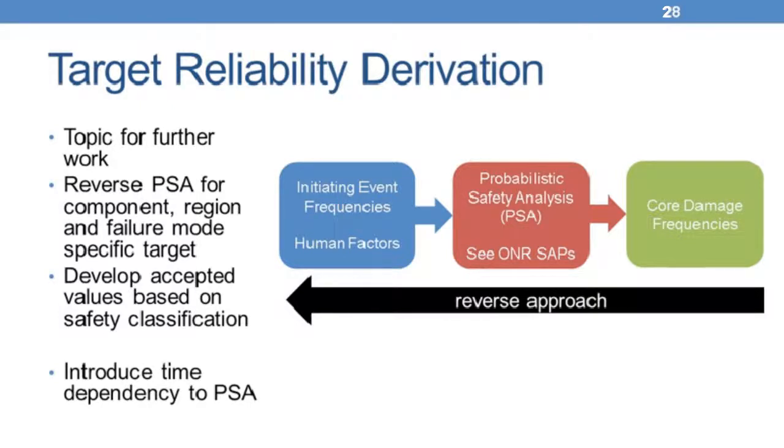And whether these approaches are feasible remains to be seen, to a certain extent, although it's very encouraging to see that an ASME group has been convened very recently to investigate this subject further and investigate the concept of target reliabilities further as well. So I'm looking forward to what comes out of that group in due course.